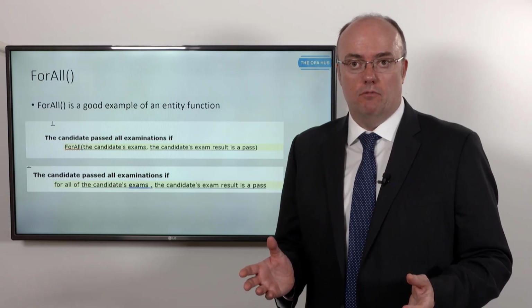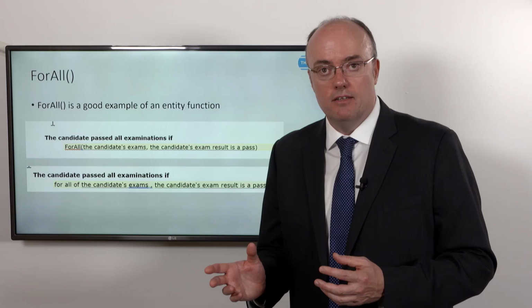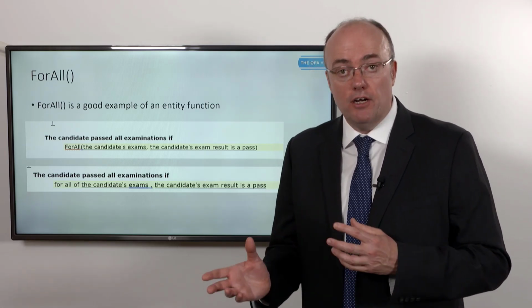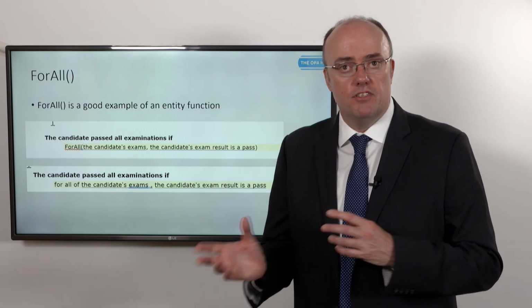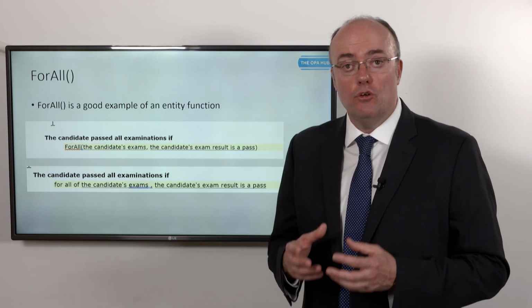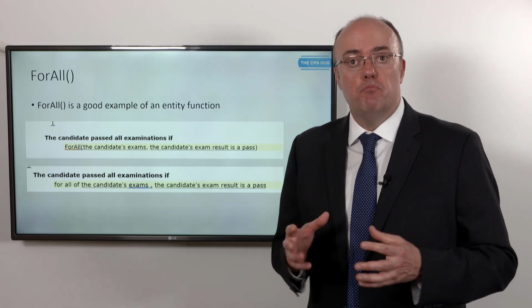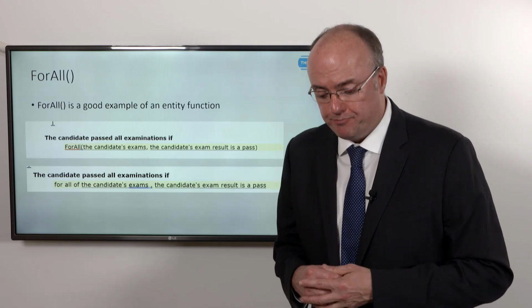Clearly, we don't know in advance maybe how many exams they've taken. So we need to have a function that can work on 1 exam, 2 exams, 5 exams, 10 exams, and be able to tell us whether a condition or several conditions have been met for all of them. Hence the name, for all.